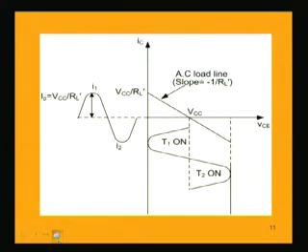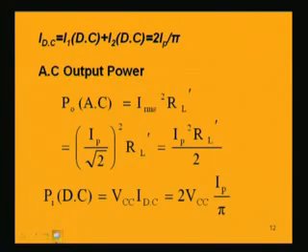So that is nothing but I RMS square into RL dash, and the root mean square value is nothing but the peak value divided by root 2. That is why we write IP by root 2 squared into RL dash.